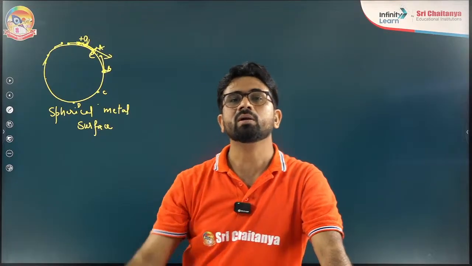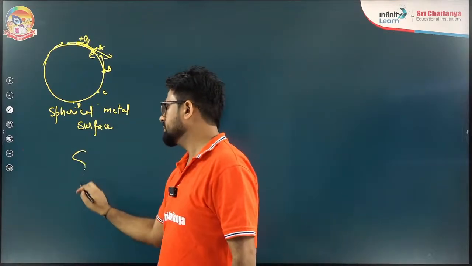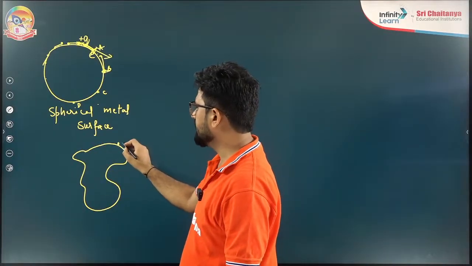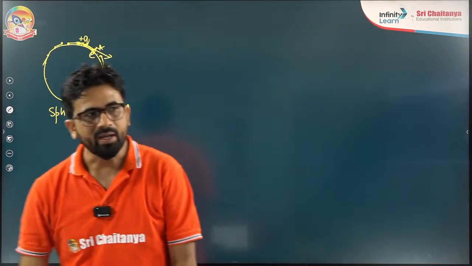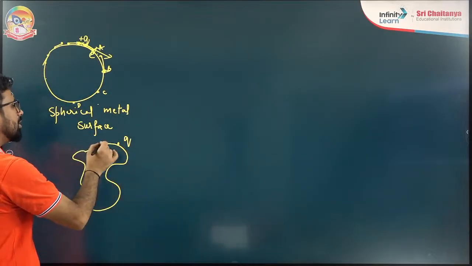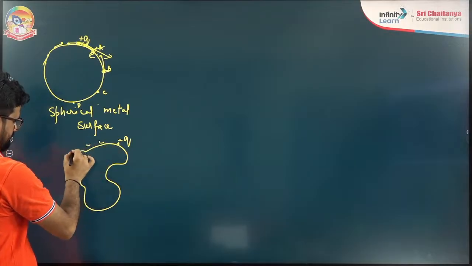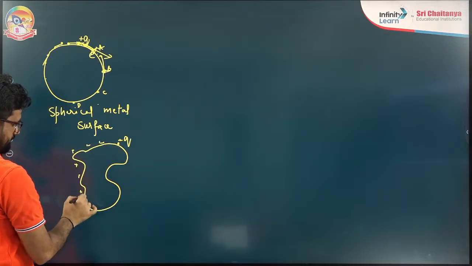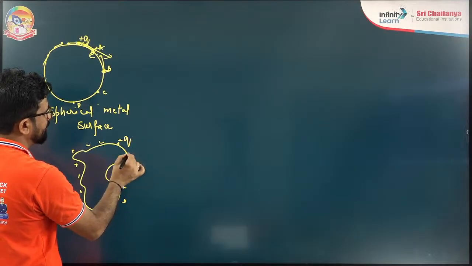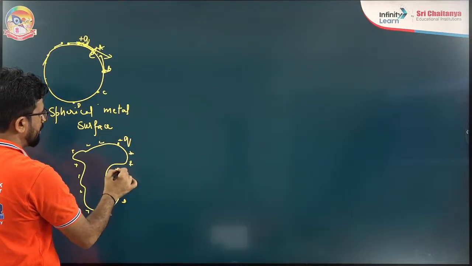But if it is not a sphere, if suppose this is an irregular surface, and you are putting the charge Q on this surface, then it is also distributed everywhere after some time, but not uniformly. It is non-uniform.